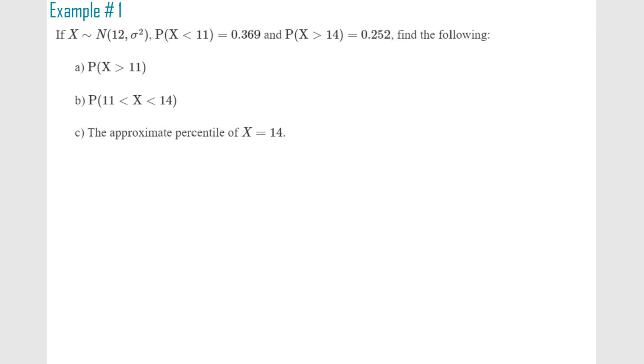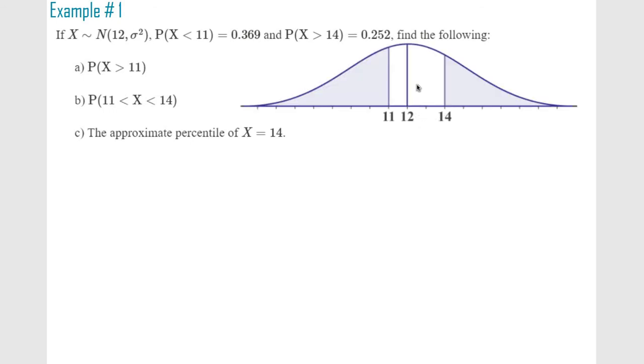I am much better when it comes to visualizing things. So draw your normal curve. You know your mean is 12, and you know probability is less than 11 and greater than 14. So less than 11, we know this probability to the left is 0.369. To the right, greater than 14, is this.